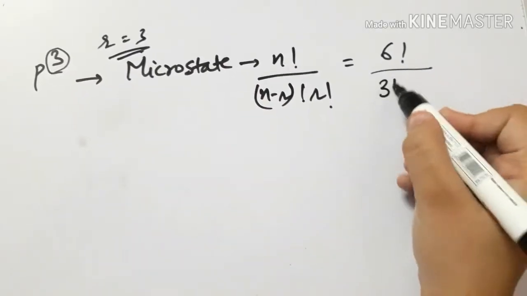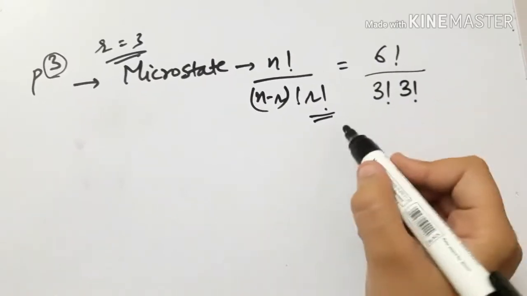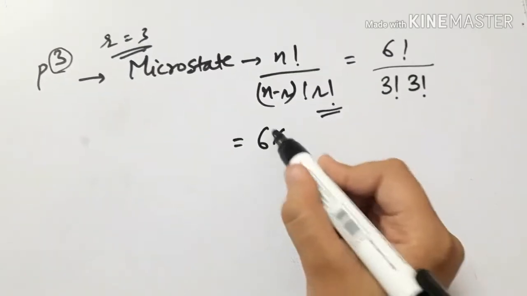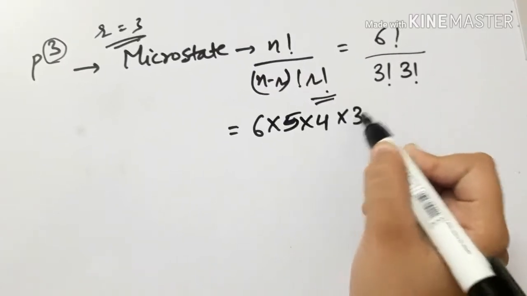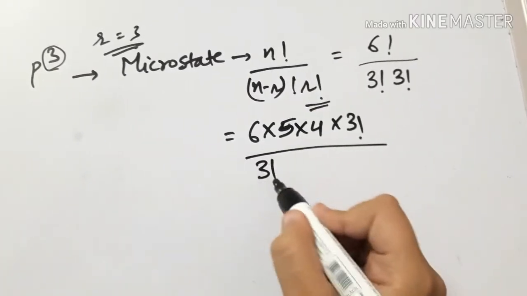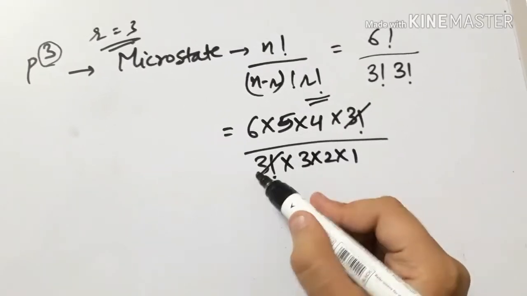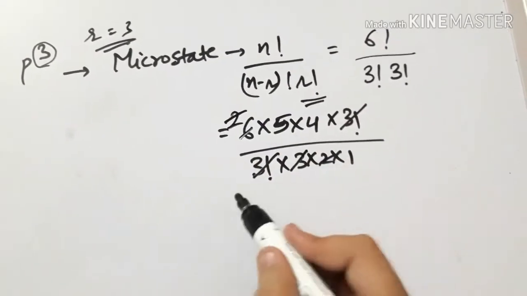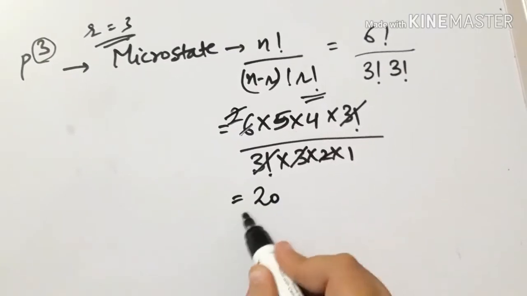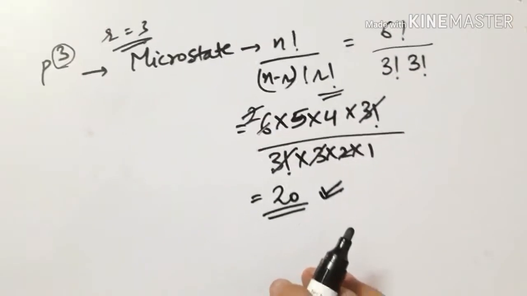So 6 minus 3 is 3 factorial and r factorial, that is 3 factorial. We can write it as 6 into 5 into 4 into 3 factorial upon 3 factorial multiplied by 3 into 2 into 1. So this cancels out. 6 into 5 into 4 upon 6, that is 20. So the microstate for p3 is 20.